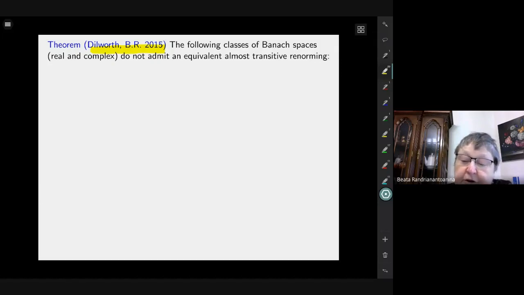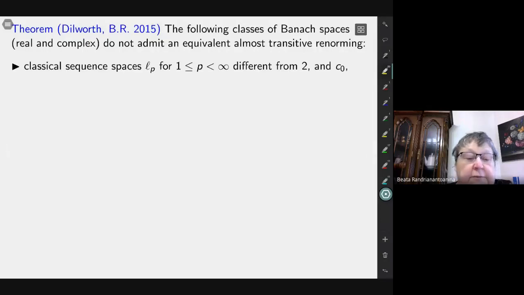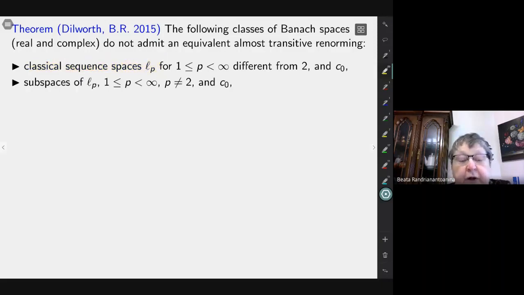So the list is long, and it starts from the most classical sequence spaces, lp with the standard norm. They cannot be renormed to be almost transitive. I will try to explain why.